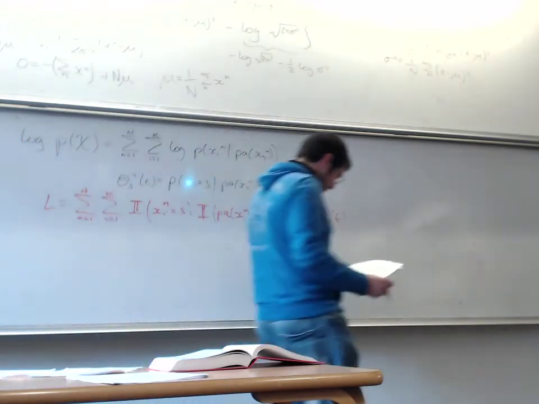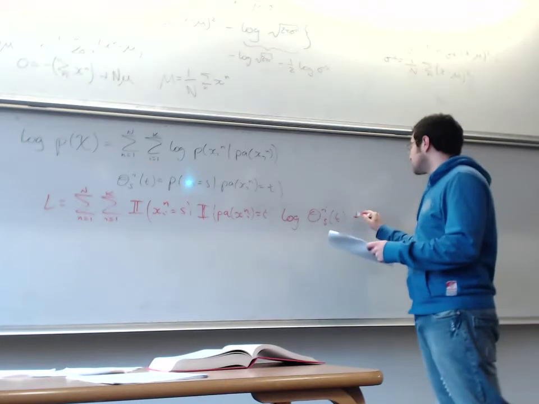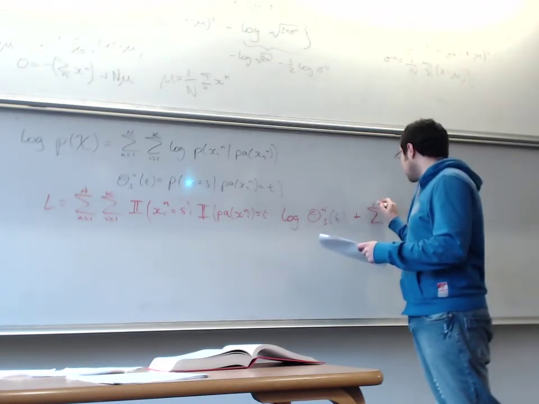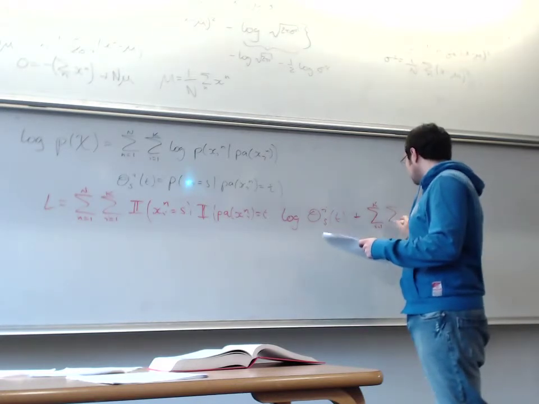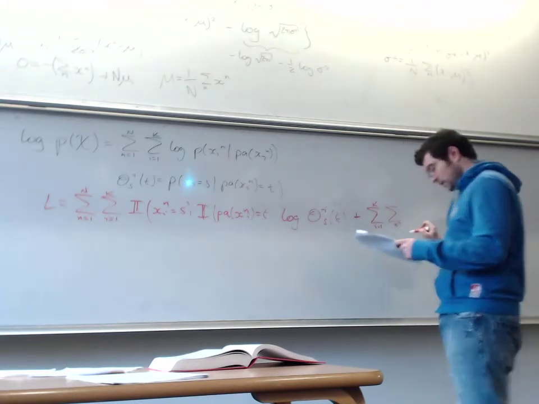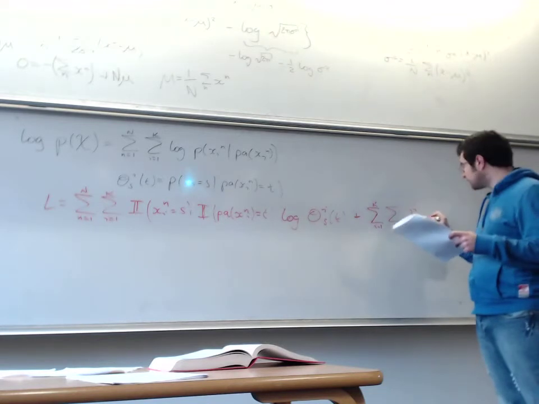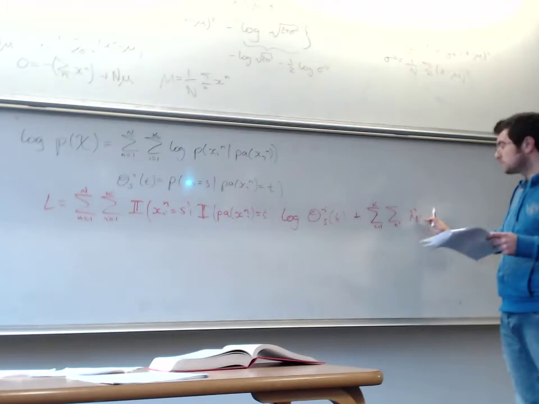And then we have the Lagrange multiplier terms that we've given in the question, which are the sum over all of the variables k, and the sum over all of the values of the parents t_i, lambda_i t_i. So these are the Lagrange multipliers.